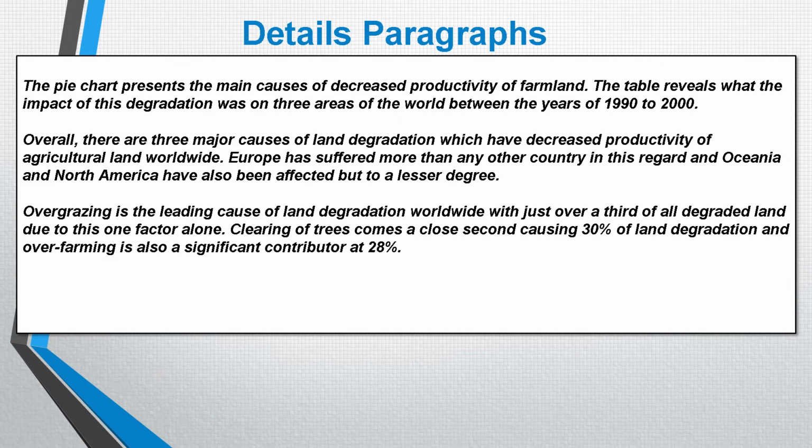Clearing of trees comes a close second, causing 30% of land degradation, and over farming is also a significant contributor at 28%. It's worth noticing here that I've used the phrase just over a third rather than saying 35%.